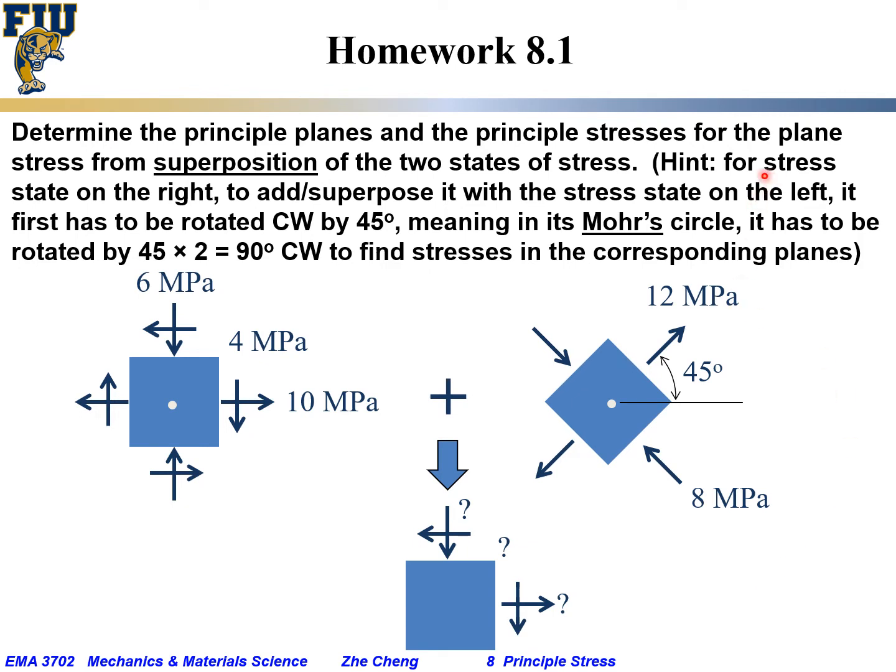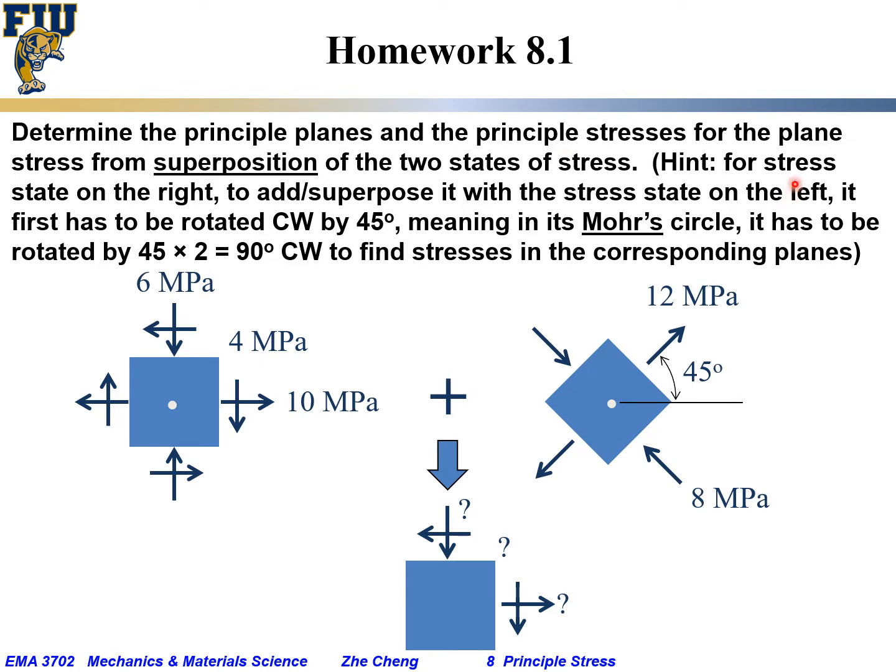After you do the so-called superposition or addition between these two stress states, you get a combined stress state, and for it we want to know the principal planes and the principal stresses. This is what we learned in chapter 8.